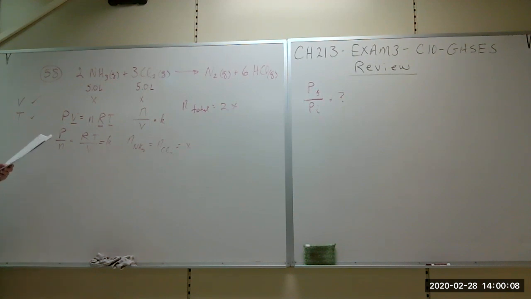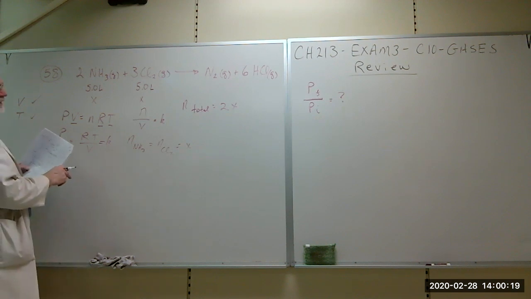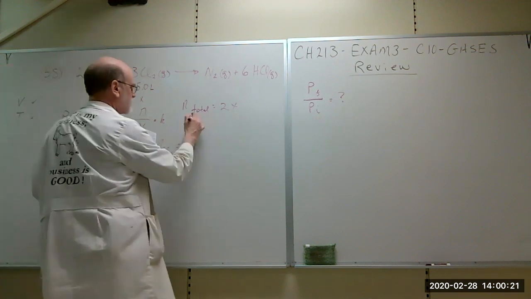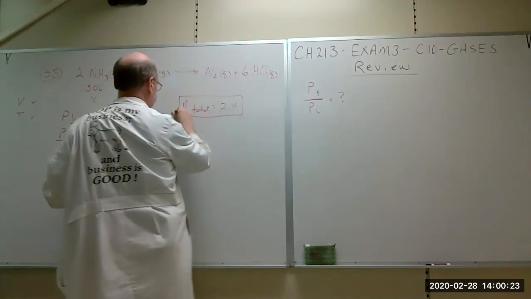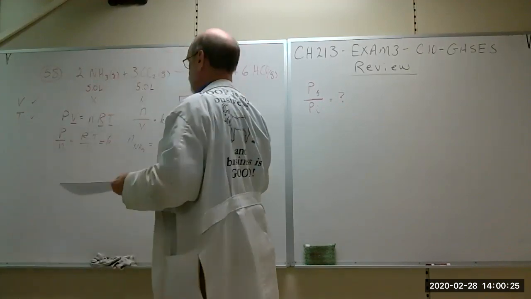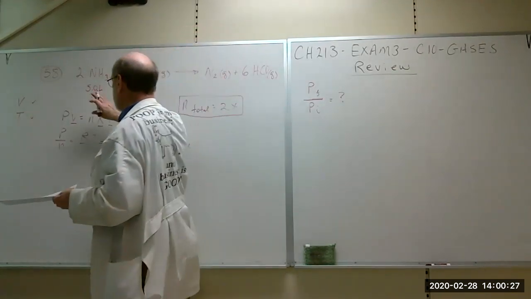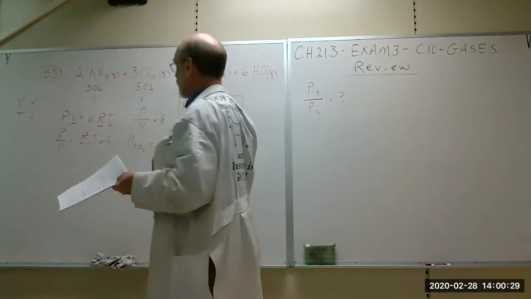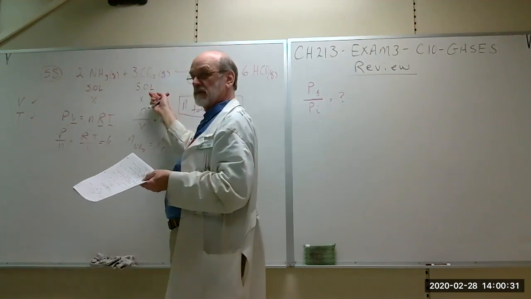So if this was the total to begin with, okay? Right. So now we're going to react them. We're going to use up all of that one, but we're going to have some of this one left over.